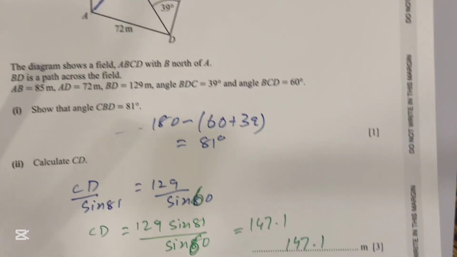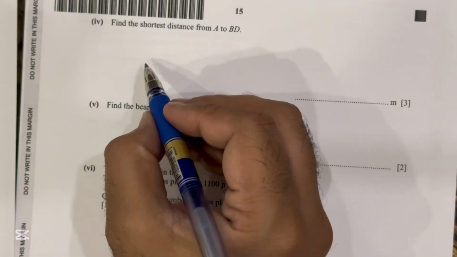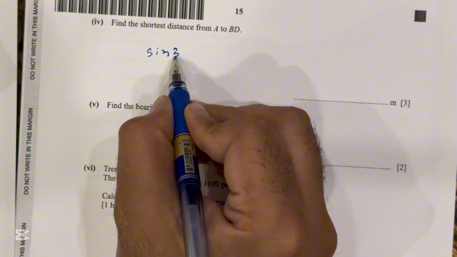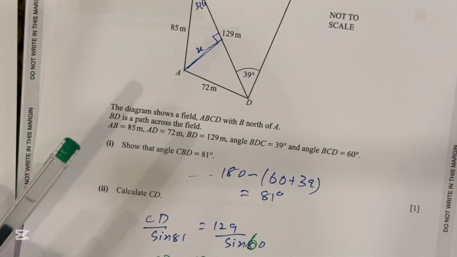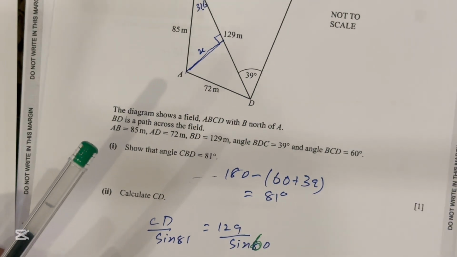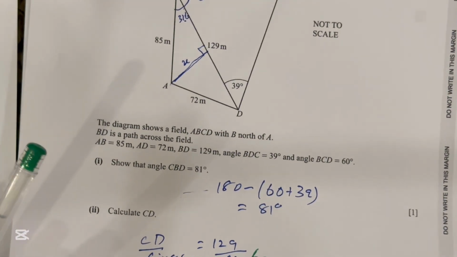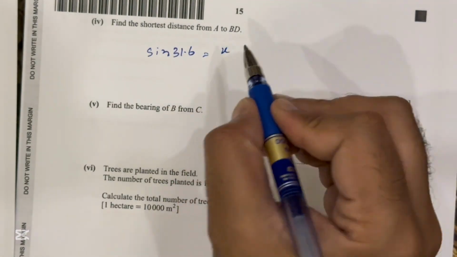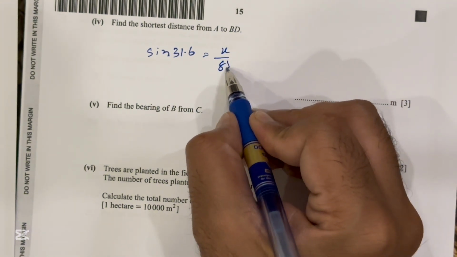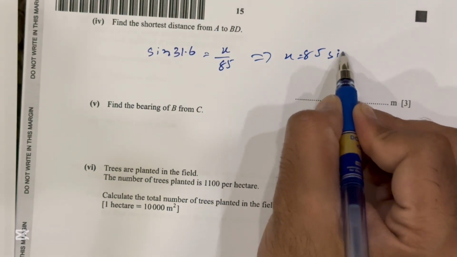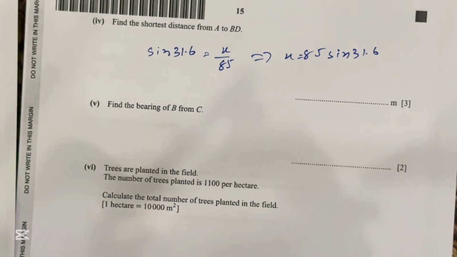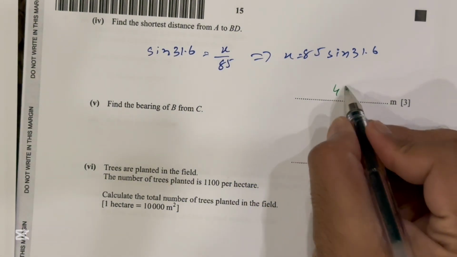I would prefer to use sine over here, sine 31.6, and if this is x, then x over 85, perpendicular over hypotenuse. You get the answer, x is equal to 85 sine 31.6, and that is equal to 44.5 meter. So this is the shortest distance.